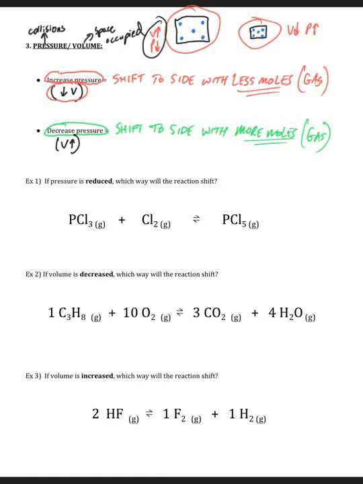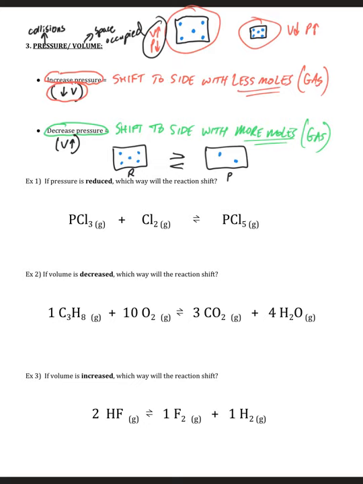Okay, so let's talk about why that makes sense. So let's use two particle diagrams. Let's say this is the reactant side, and let's say this is the product side. And let's say on the reactant side, there's 5 moles of gas, and let's say on the product side, there's 2 moles of gas. Okay, well, two things can happen. You can either increase the pressure or you can decrease the pressure.